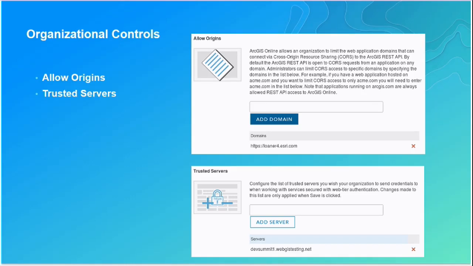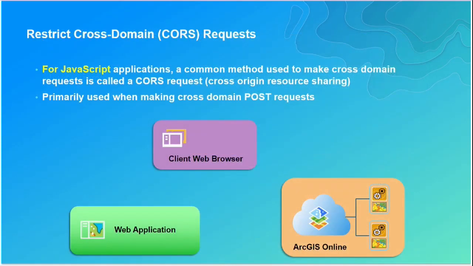Now, trusted servers is very similar to the CORS request, but it's in the opposite direction. So if you've got an ArcGIS Online web map and you're accessing a secured feature service, and it's secured with web tier authentication, then the trusted servers will come into play. And I'm going to demonstrate that shortly here. First, let me go for the CORS request.